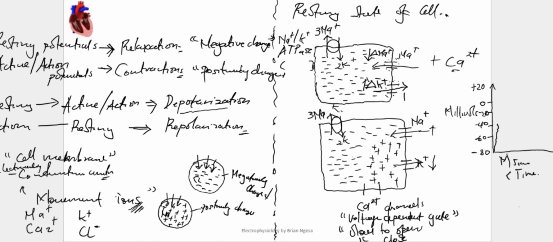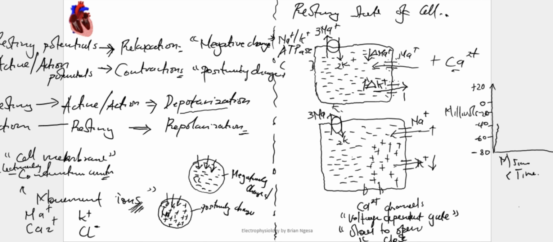What you have to note is that calcium channels are normally voltage dependent. So as sodium gains access at around negative 40, this voltage will be appropriate for the calcium channels, so the calcium channels will open.